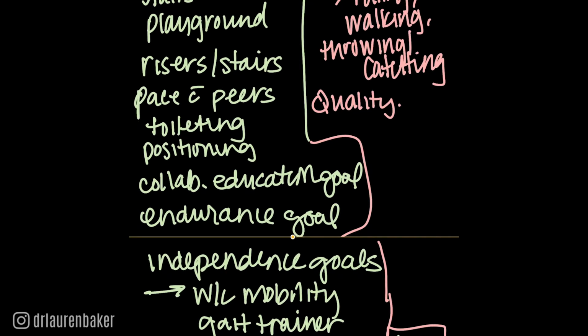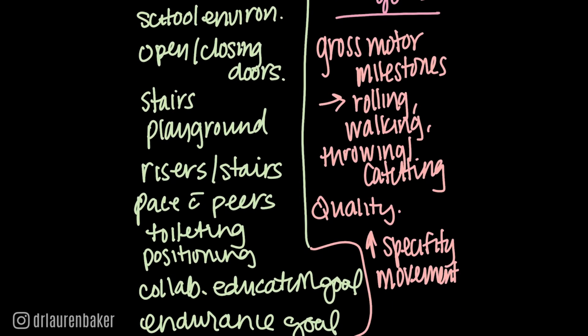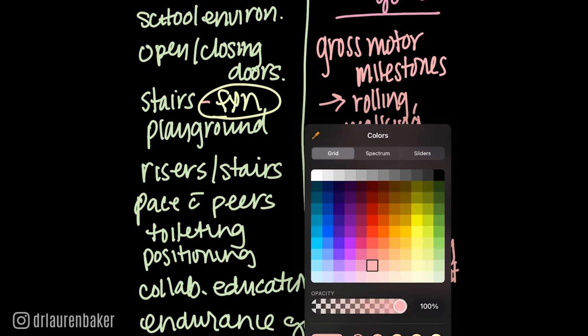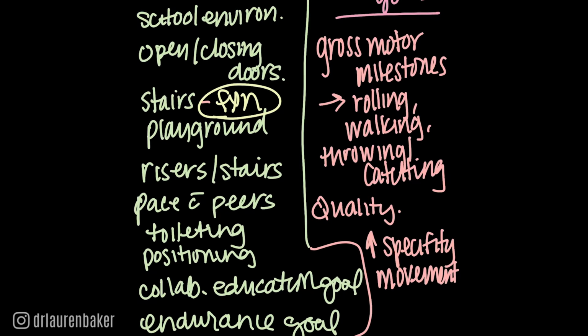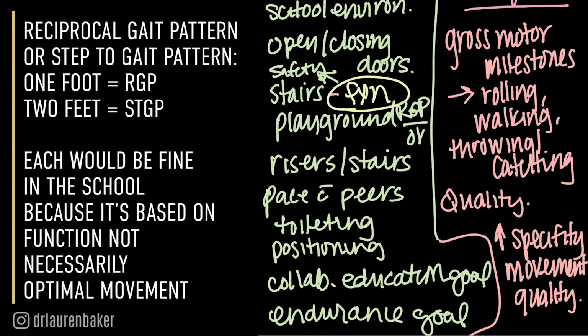Other things that you can look at in the medical model is more specificity of the actual movement. In the school, you're looking more at function. So for example, on the stairs, you're looking at function in the school environment, whereas in the medical model, you're looking for quality. In the school-based setting, you're looking at safety. So they could be at a reciprocal gait pattern, and this would be okay as long as they were both functional and safe.